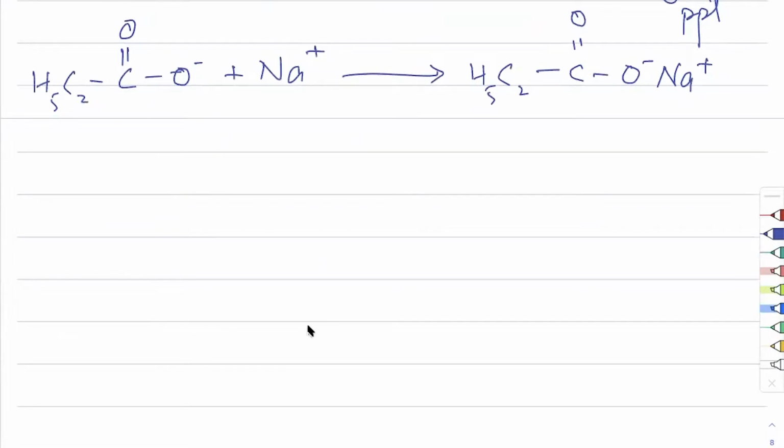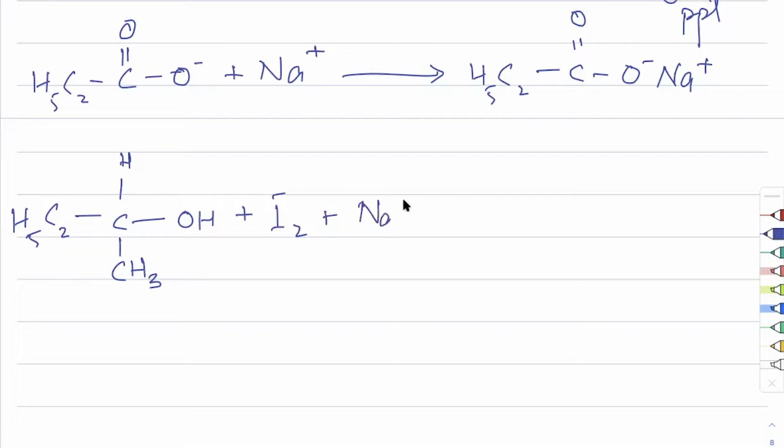You started with methyl here and OH here and something attached on the other side. Here there was C2H5. You added iodine, you added sodium hydroxide, and overall you ended up taking this into CHI3 plus.